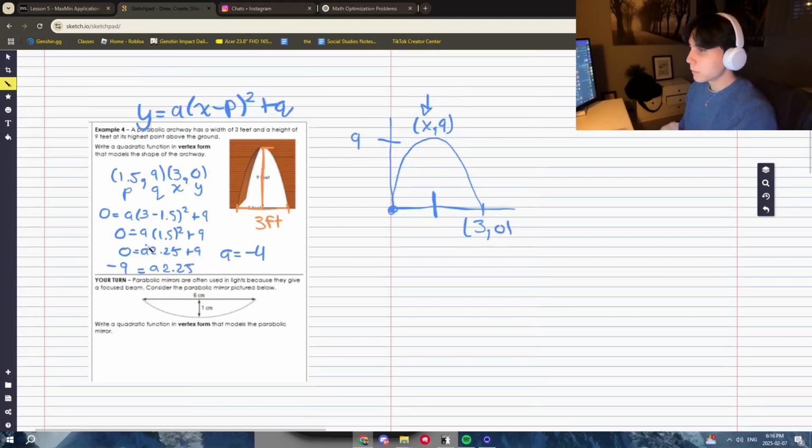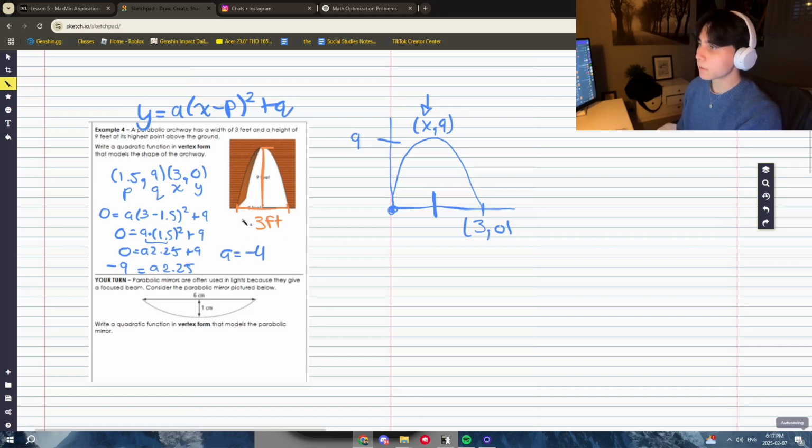One thing to note though is when you have this bracket here, a times something, you're actually multiplying these two values together. So that's why we have a 2.25. Make sure you're not making the mistake of leaving this bracket on its own. What I mean by that is just multiplying a by whatever you get in this bracket, and you should get the right answer. So we got a equal to negative 4.